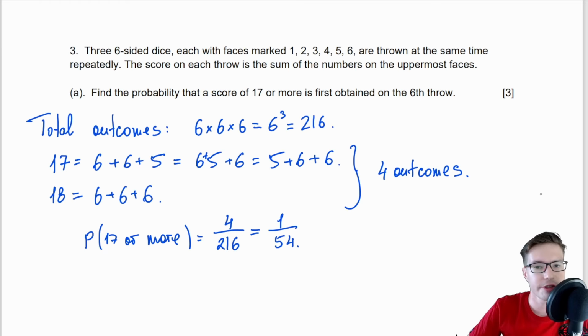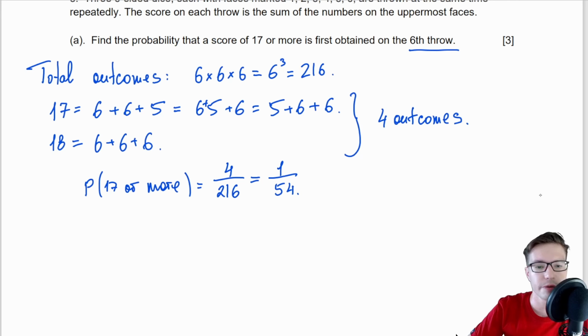But that's not the final answer yet, because we're looking for the probability that this score appears exactly on the 6th throw. So what it means is that for the first 5 throws, we should not get 17 or more. And only on a roll number 6, we get 17 or more. So that means we're going to multiply 53 over 54, which is the probability to roll less than 17.